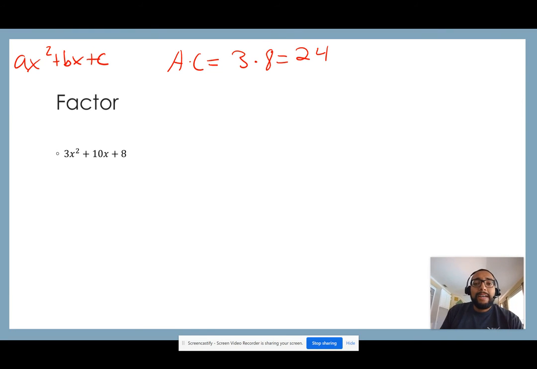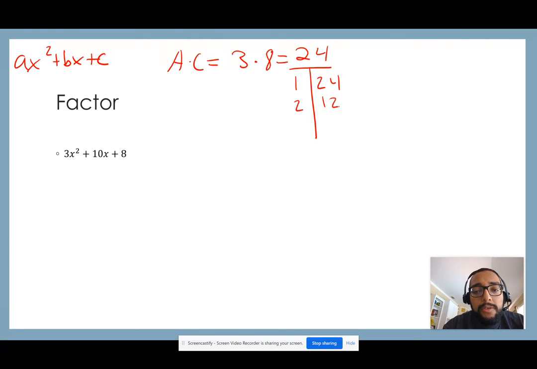So 3 times 8 is just going to be 24. Nothing too crazy there. Now let's find the factors of 24, so two numbers that multiply to be 24: 1 and 24, 2 and 12, 3 and 8, 4 and 6.